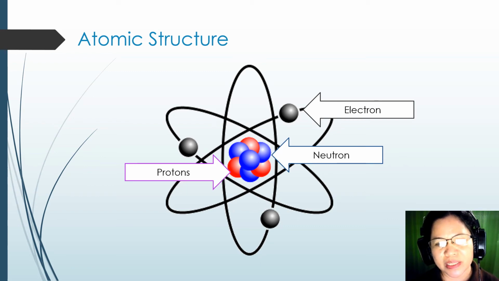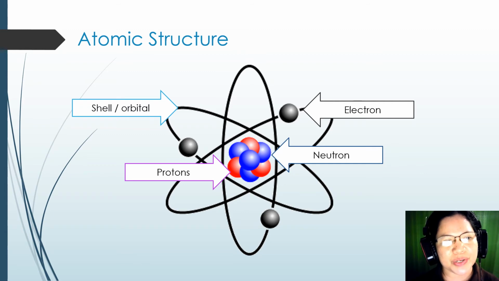These are the positively charged particles. And the protons and neutrons comprise the atomic mass, or the mass number. So mass number is different from atomic number. Remember that. Okay. Then we have the shell or the orbital.